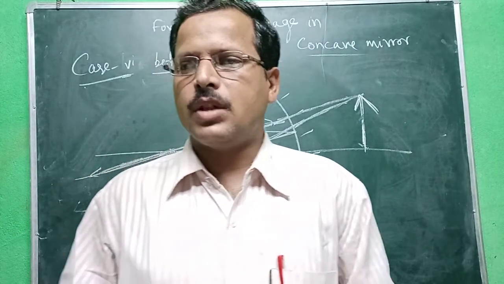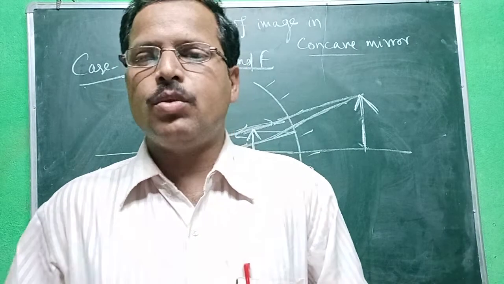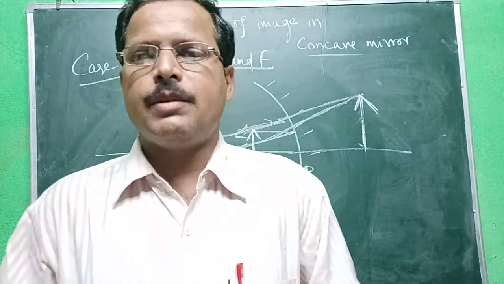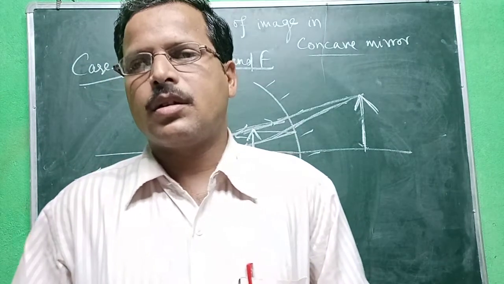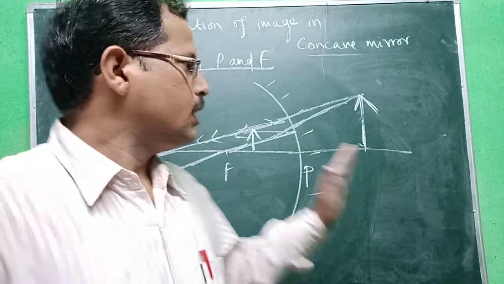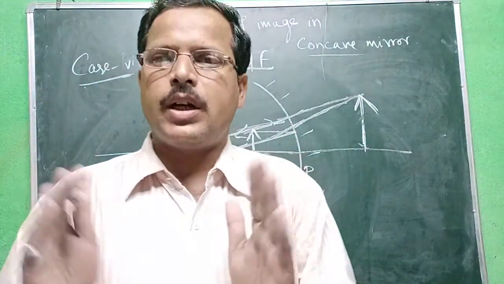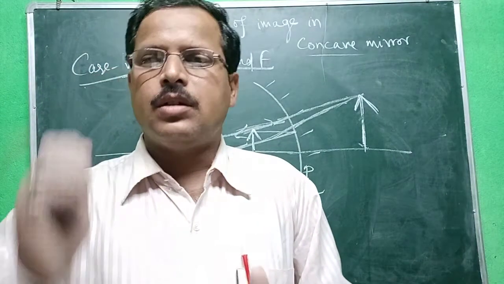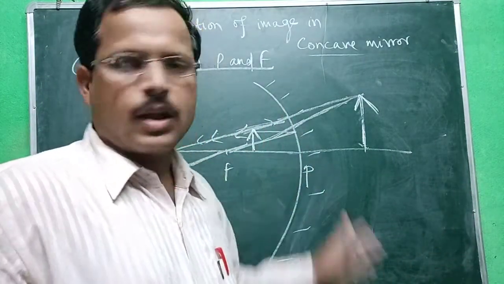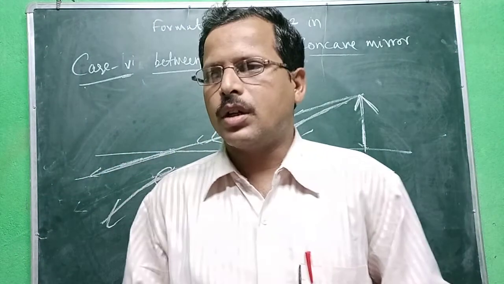That's why those are used for rear view of images. And to focus a larger amount of light, because this is a converging mirror, such concave mirrors are used, especially in torches.